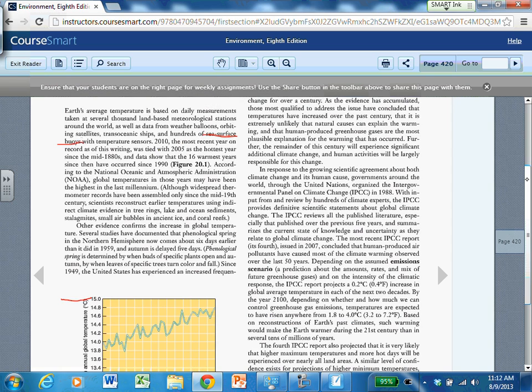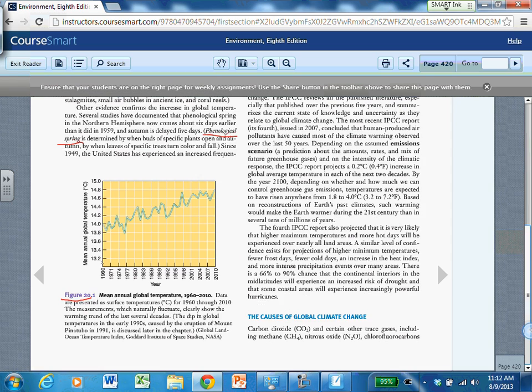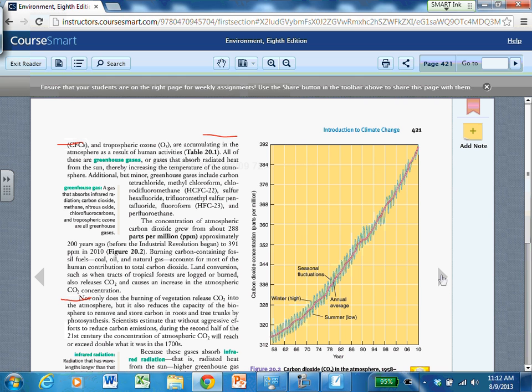Also looking in the text here, I see the next section is the causes of global climate change. So this is just a pre-read. I see greenhouse gases as a definition here. And greenhouse gases are gases that absorb radiated heat from the sun, thereby increasing the temperature of the atmosphere.